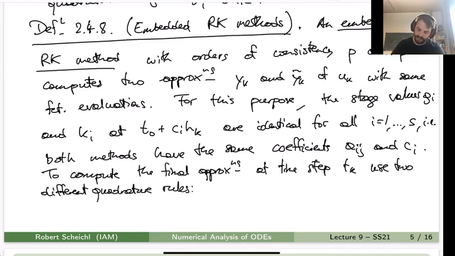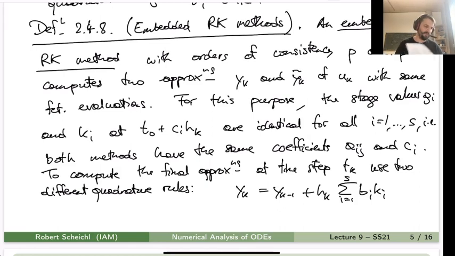So basically, yk equals yk minus 1 plus hk sum i equals 1 to s bi ki.